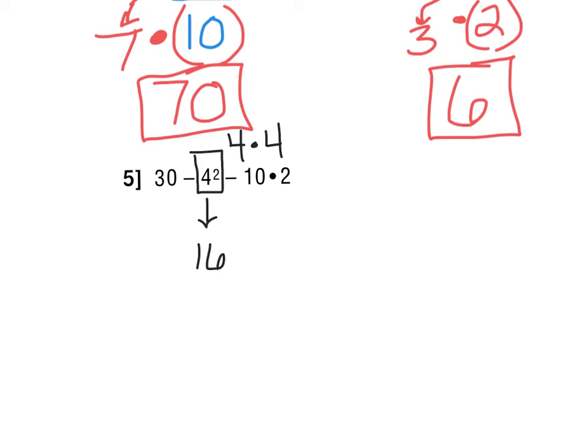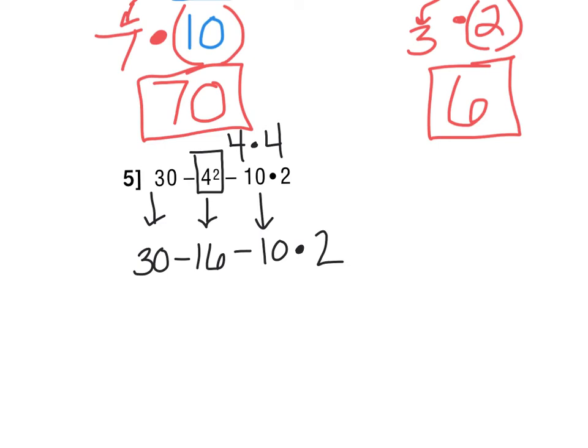Now, everything else we're going to simply bring down. So we're going to bring down the 30, bring down the minus, bring down the minus behind the 16, bring down the 10, bring down the times, and bring down the 2.